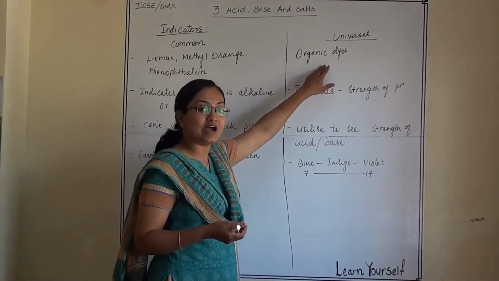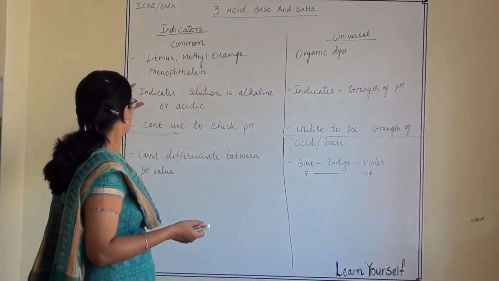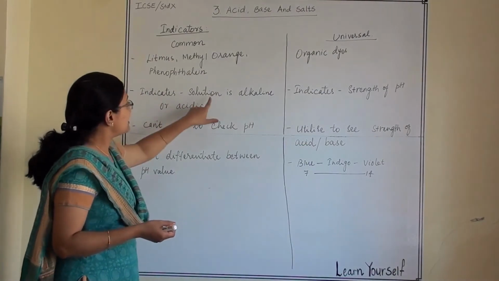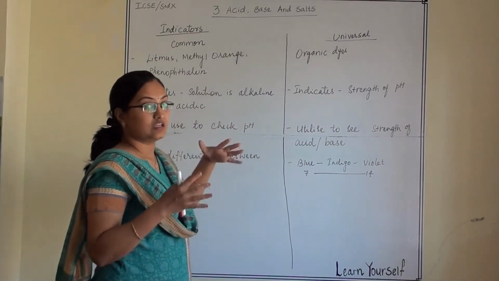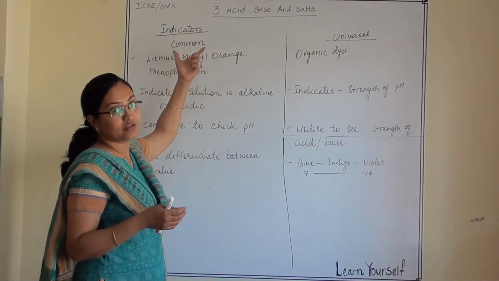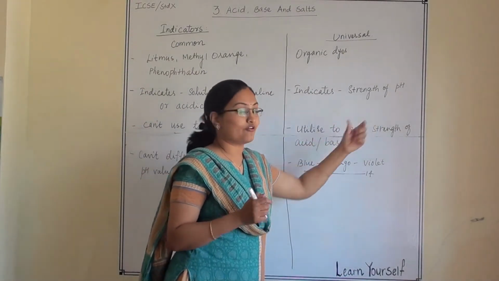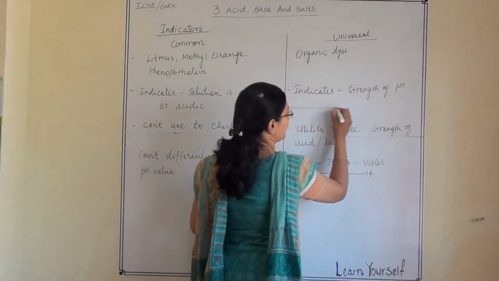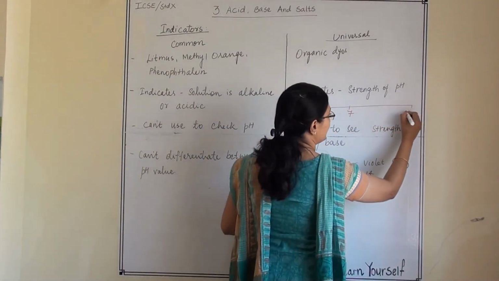Here, organic dyes we are using for universal indicators. So it indicates whether the solution is alkaline or acidic. This is a limitation of common indicators, that they do not indicate the strength of pH. For example, here it is 7, here it is 1 and here it is 14.